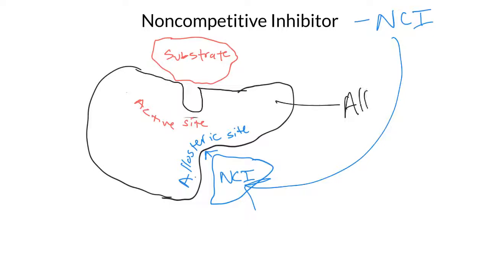It's just that rather than having an activator like we did in the first one, we have an inhibitor. So you could also call this non-competitive inhibitor an allosteric inhibitor.